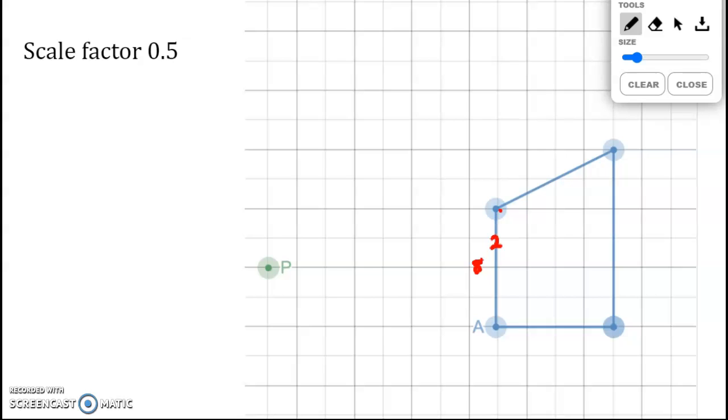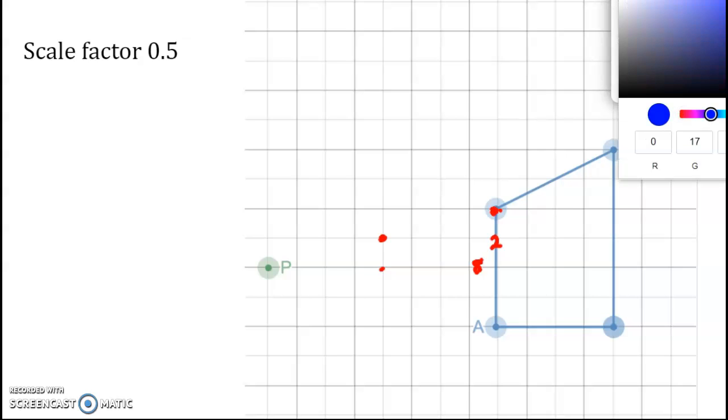Okay, so that means the image is going to be half the distance. 8 divided by 2 is 4, so it's going to be 1, 2, 3, 4 from the dilation point, and 2 divided by 2 is 1, so this is going to be the corresponding point to this.